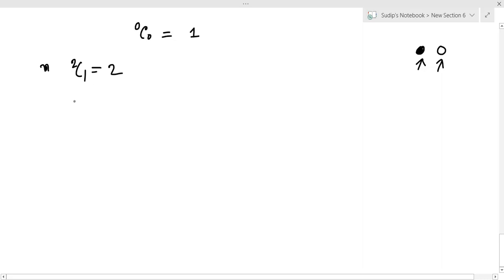If you are given 2C0, then you are given two balls and you have to choose nothing. So you have only one option, choose nothing. So this is one. If you are given 2C2, you are given two balls and you have to choose two balls from two balls.